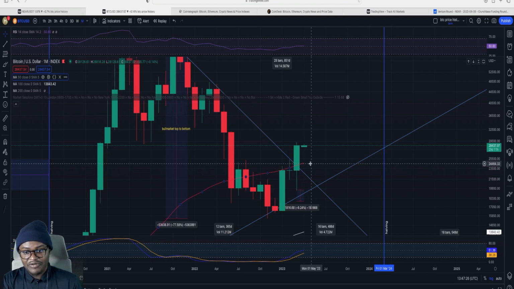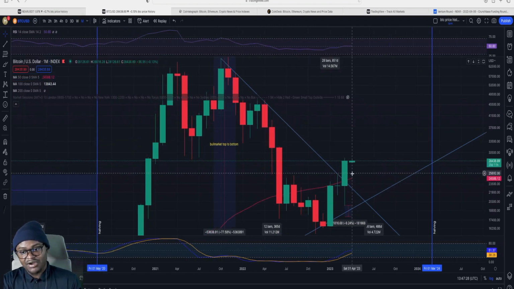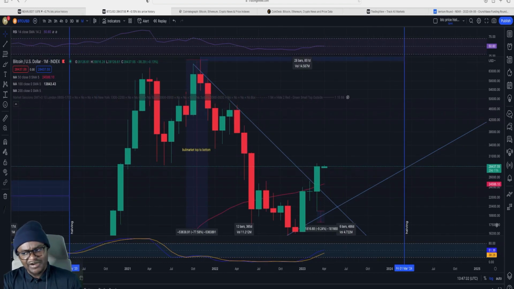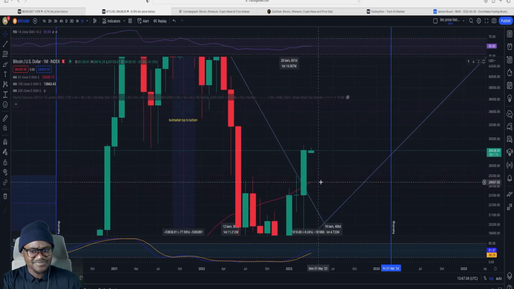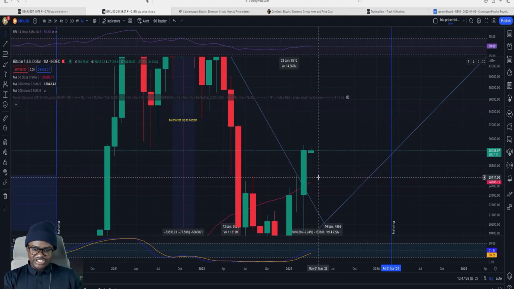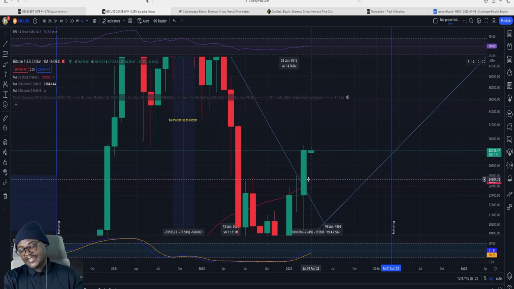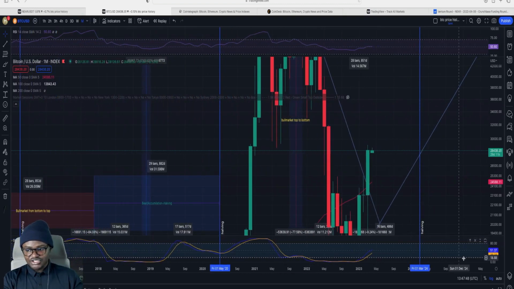So we are above that 50-month moving average, and we are also above the downward sloping trend line from the all-time high. There's a very high chance that we come back for a retracement of this 50-month moving average anywhere around 25k to 24. Can even extend down a bit, but I expect it to hold around this region, and I think that is another region to buy.